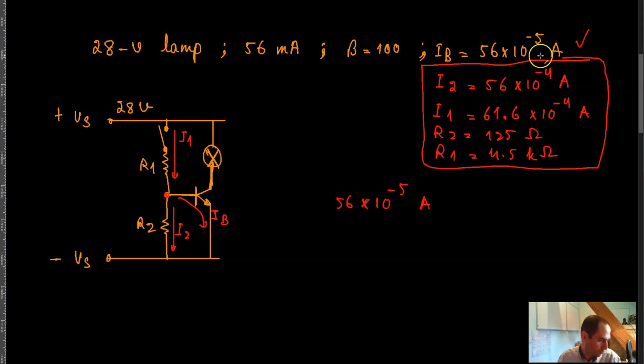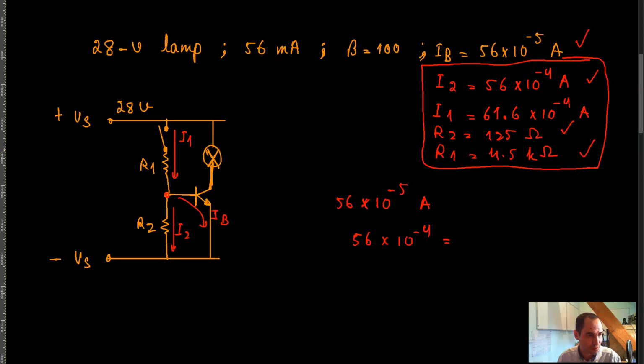And I2 is equal to 5.6 milliamp, 56 times 10 raised to the power negative 4, which is 5.6 milliamp, that's also correct. And R1 is equal to 4.5 kilo ohm, and R2 is equal to 125 ohms, right?